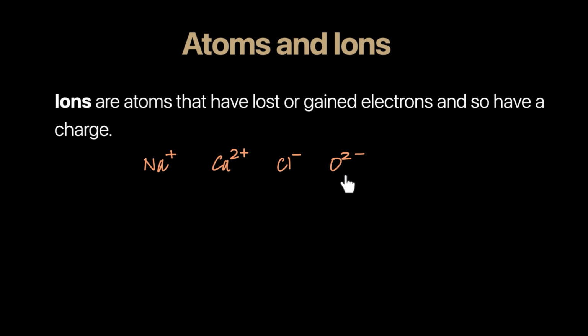So these are simple ions. There are some ions that are polyatomic, but I'm talking about simple ions for now. So simple ions are just atoms that have lost or gained electrons. Obviously, the ones that have lost electrons are called cations, and the ones that have gained electrons are called anions.